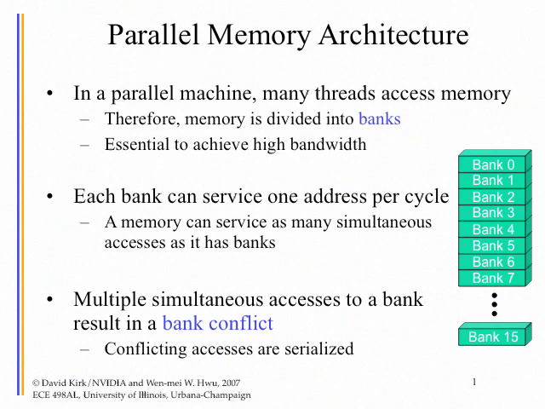The situation is very similar here. I will take my 16K, and I divide it into 16 banks, 1K each. If my computation is such that SP0 wants an address which is in bank 0, SP1 wants an address which is in bank 1, and SP2 has an address that maps into bank 2, then everyone can be served at the same time, because each bank can serve one request.